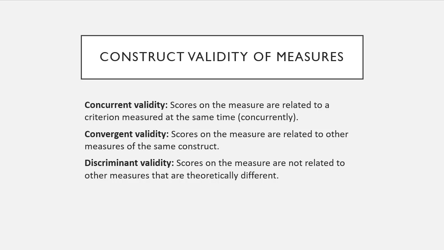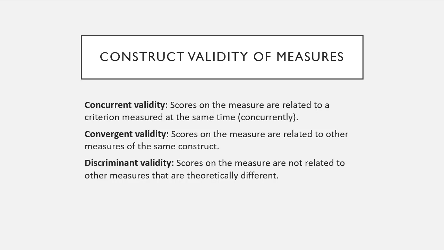So the idea here is that the same people are taking the same test at the same time, not that they get the same results. As a matter of fact, you might want them to get different results to see if there are differences between those two groups. So concurrent validity is a way for us to determine if the measurement can be used to sort out groups.